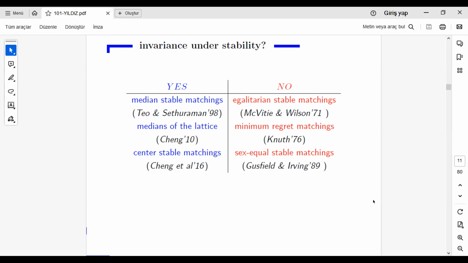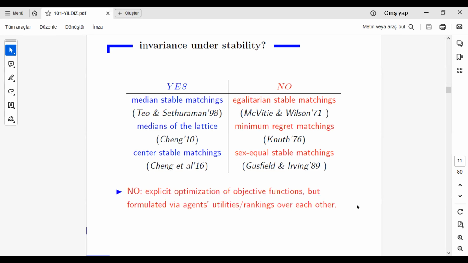It is possible to order all these stable matchings in such a way that there's a certain monotonicity in the achievement of the individual agents, and then you go for the median. That's the definition of the median stable matching, and it enjoys the property that it, in fact, gives the median to each individual. But there, the median is counted in a particular way.